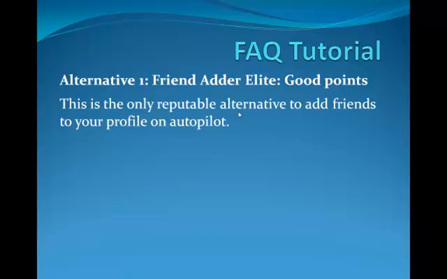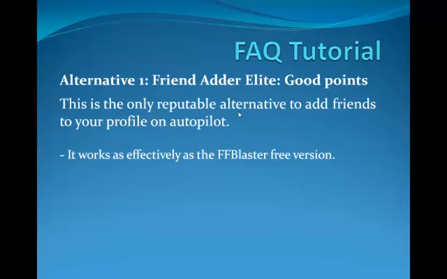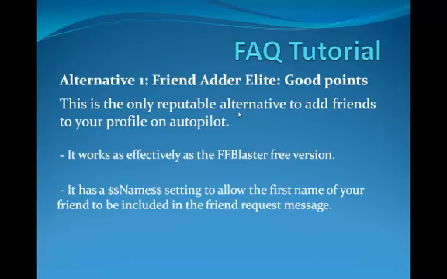I think there's maybe a few more out there, but I would suggest that you go ahead and use this one, guys. The reason is because the Friend Adder Elite works effectively, just like the free version and the paid version. It has the name facility setting to allow the first name of your friend to be included in the friend request message.